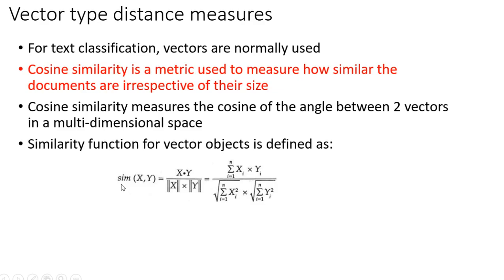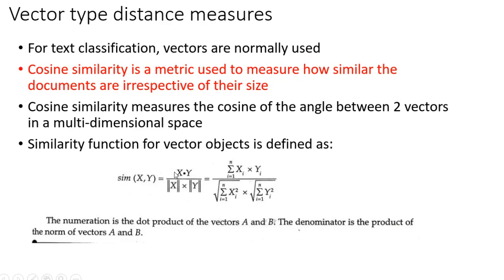The cosine similarity formula is: similarity between X and Y is X dot Y divided by modulus of X into modulus of Y. X dot Y is basically a dot product, so it is the summation of i equal to 1 to n of xi into yi, divided by square root of the sum of xi squared into square root of the sum of yi squared. This is the formula of cosine similarity. This is also a very popular distance metric used for many years to find the similarity between two things.